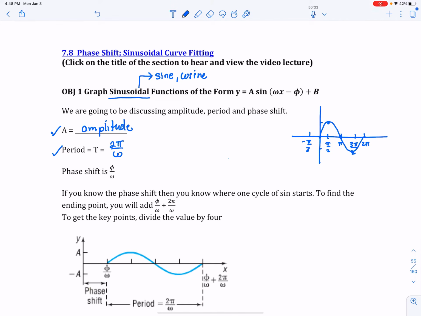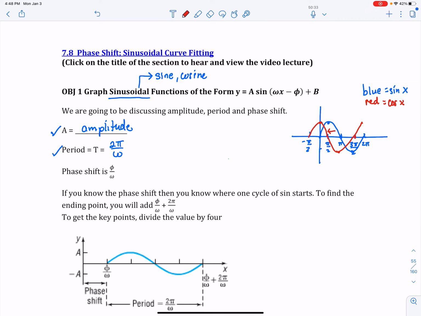So in blue, we're seeing the sine wave, sine x. And then if we graph cosine, cosine looks like this, and that's going to be in red. Cosine looks like the sine wave, except we have pushed the sine wave over pi over 2 units. So that's why both sine and cosine are considered sinusoidal functions.